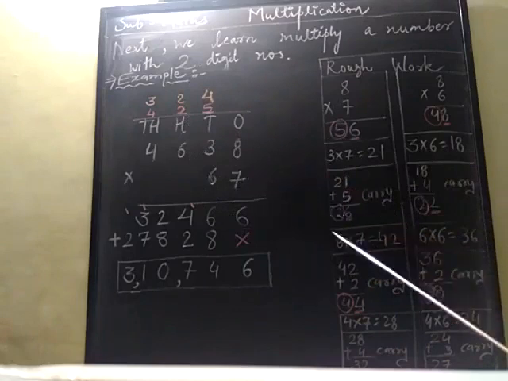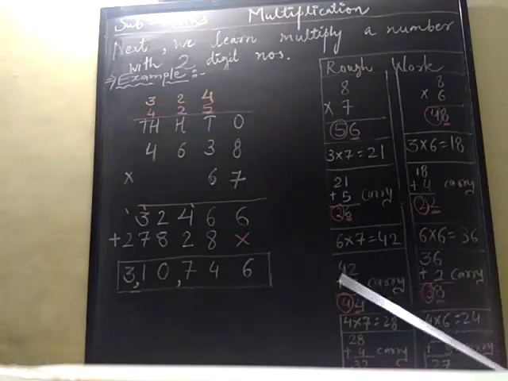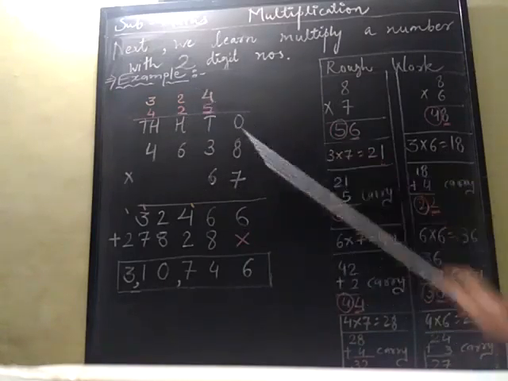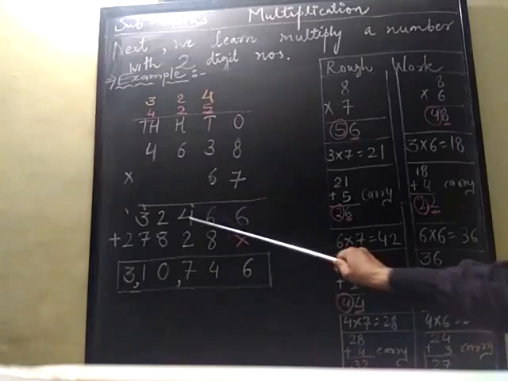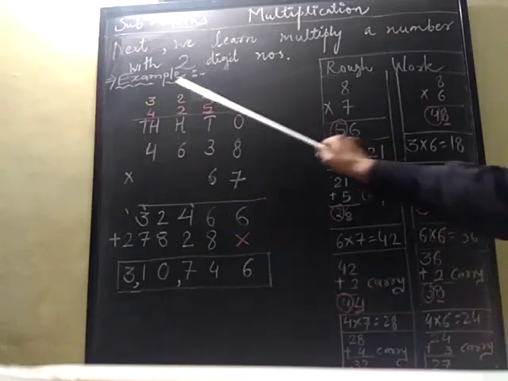6 sevens are 42. 42 plus 2, 2 is the carry. 42 plus 2 is equal to 44. Again we write 4 under the hundreds place and carry 4 on the thousands place.